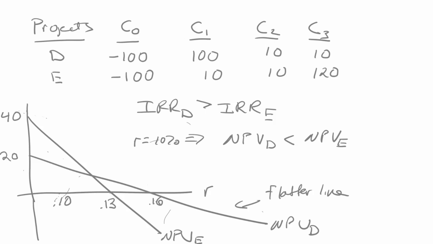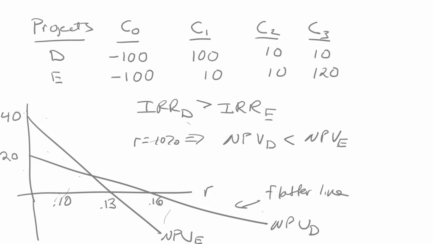Well, the IRR is a similar concept to yield to maturity. In fact, it is exactly the same as yield to maturity if you define the project as purchase a bond. If the project is purchase a bond, then the IRR equals the yield to maturity. The price equals the present value of the payments, so the NPV of purchasing the bond is 0.